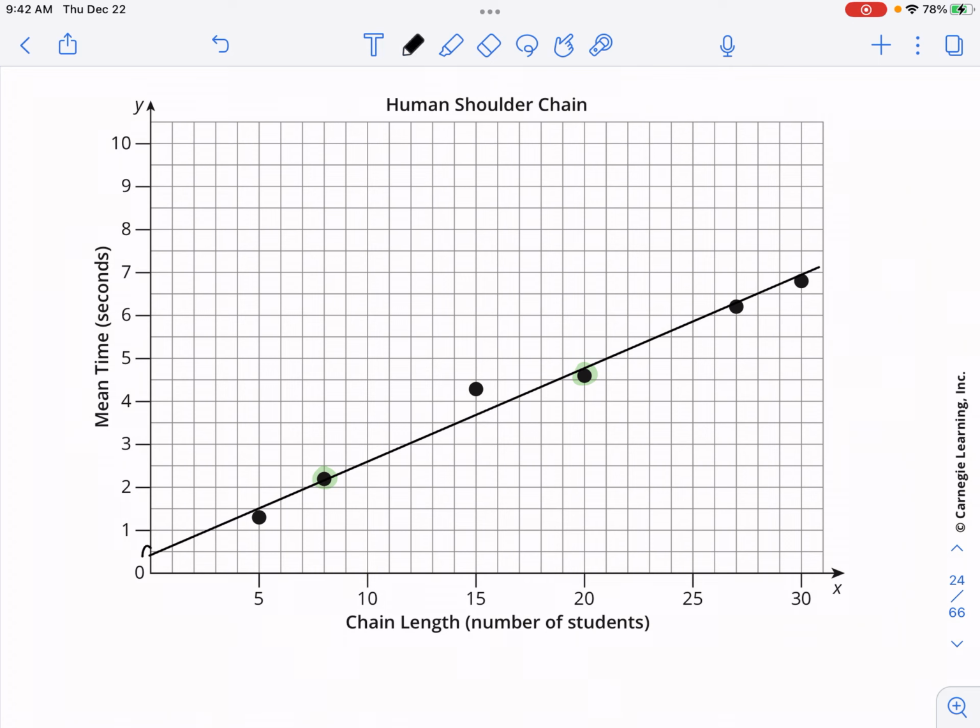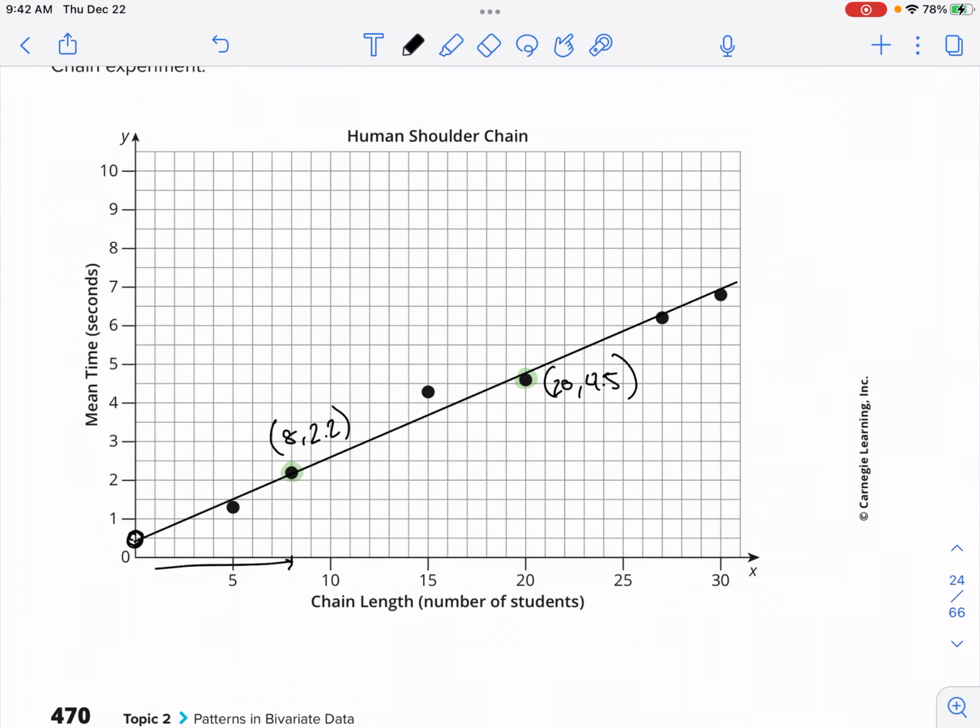Also the y-intercept is about half. Going to the right, that's 8, comma, and going up, that's about 2.2. And this point right here is about 20, and going up, that's about 4.5.